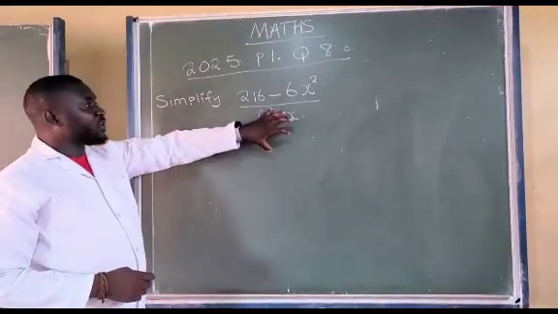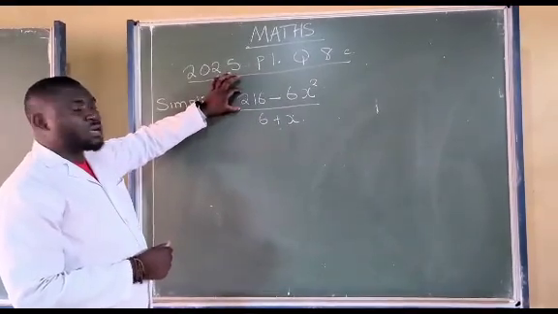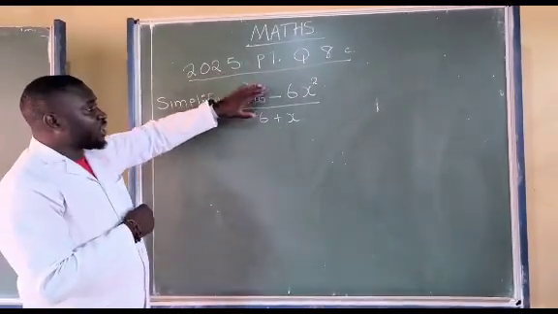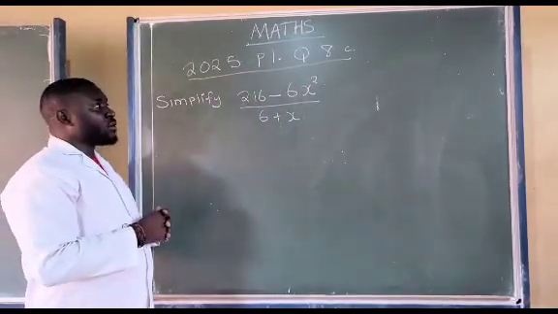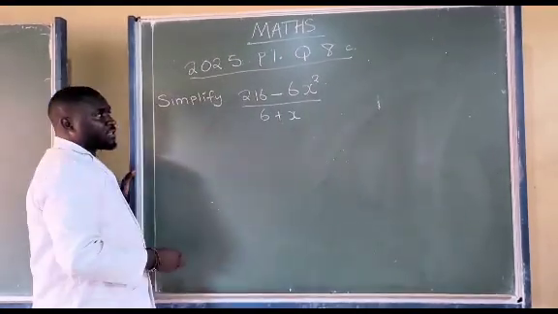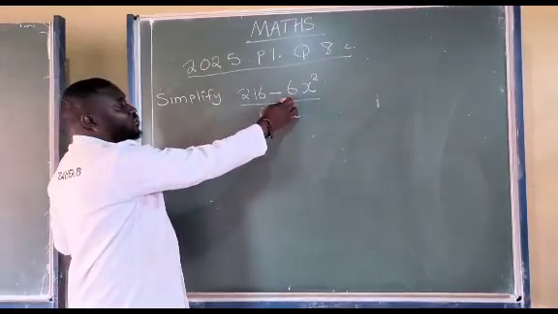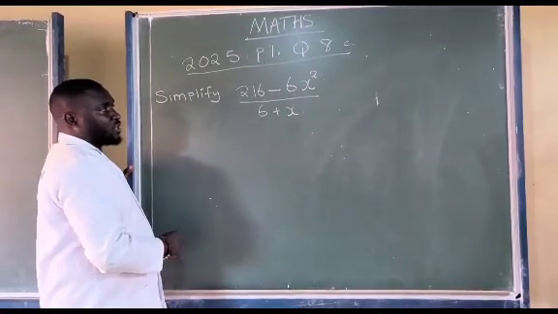When you have a question like this, we look at the numerator. There's something common which we can factorize, and that number is 6. 6 can go into 6, and also 6 can go into 216.